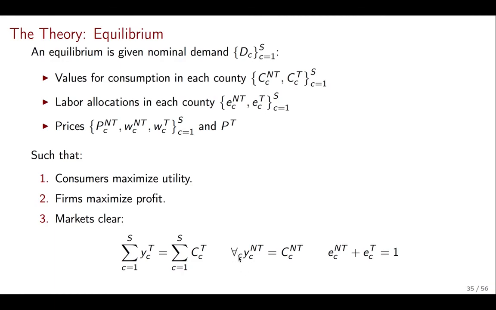And then for each county individually, non-tradables have to be consumed in the county, and all labor has to be used. Okay. With that, we've described all the different portions of the model. We've described what consumers do, how the labor market is going to work, how production is going to work, and then finally, we've defined the equilibrium of the economy.